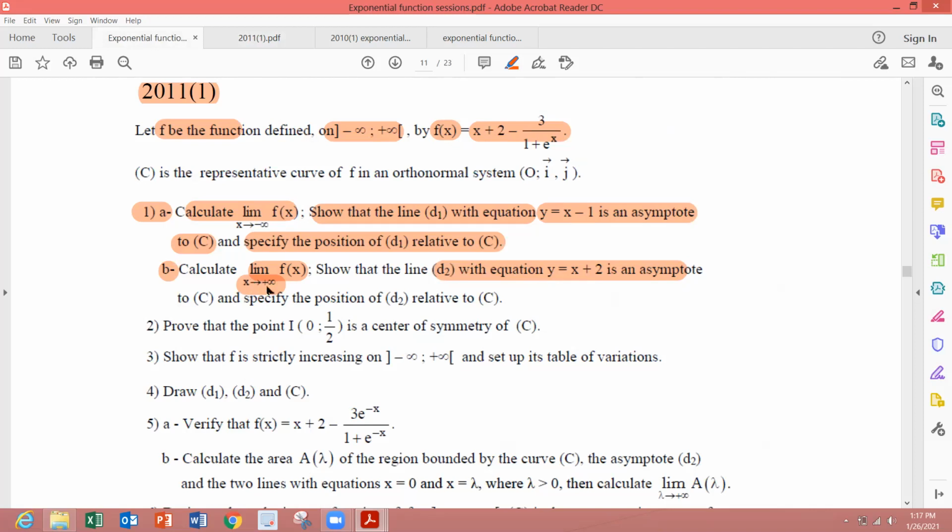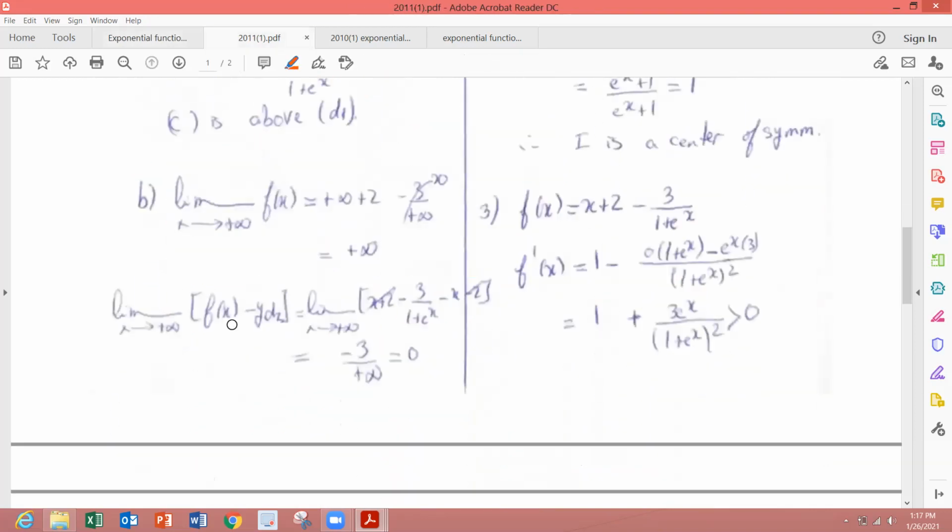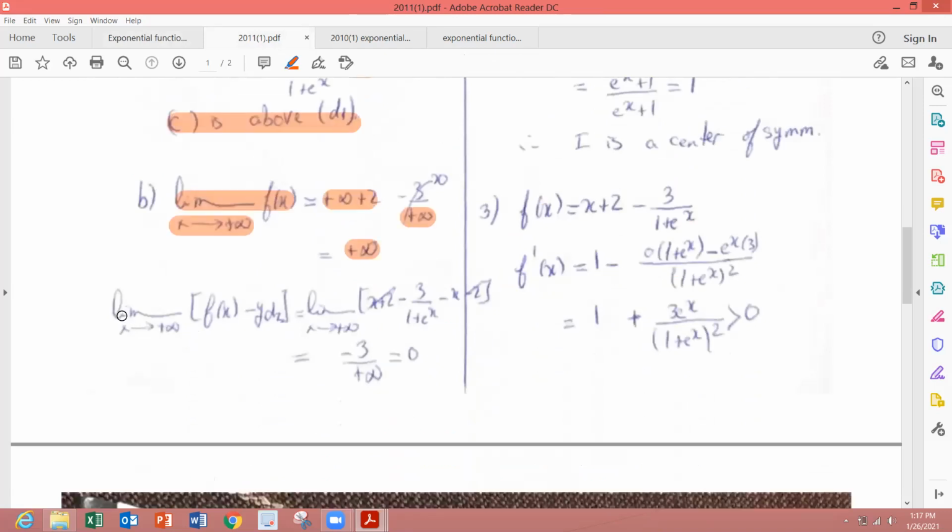Also, we calculate the limit as x tends to plus infinity of f(x) minus y_D2, which equals the limit of x plus 2 minus 3 over 1 plus e^x minus x minus 2. x plus 2 minus x minus 2 is 0.